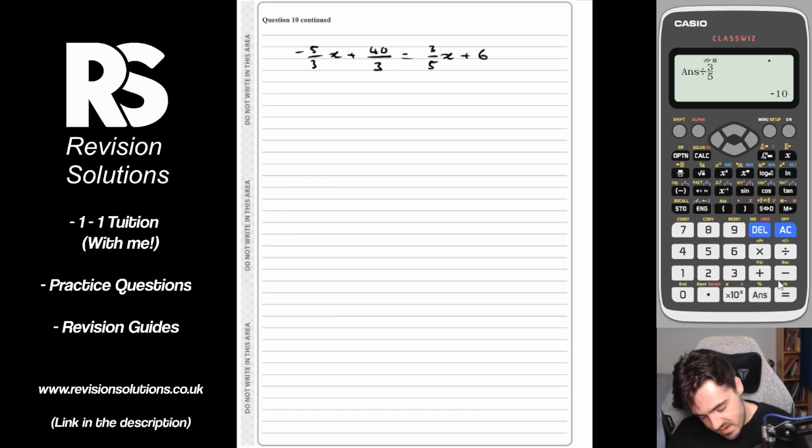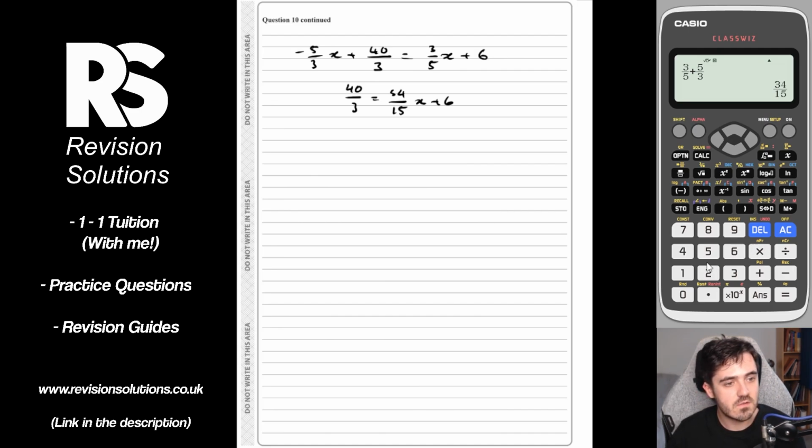So tidying up now, if I bring the 5/3 over, so that would be 3 over 5 plus 5 over 3, excuse me. Yeah, that's 34 on 15x. So we'd have 40 over 3 equals 34 on 15x plus 6.